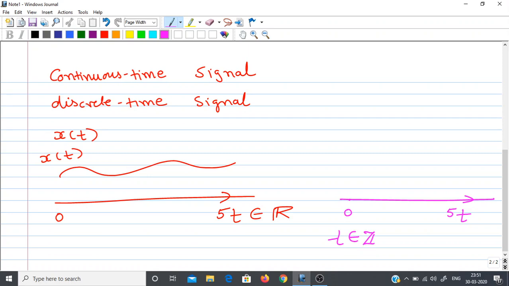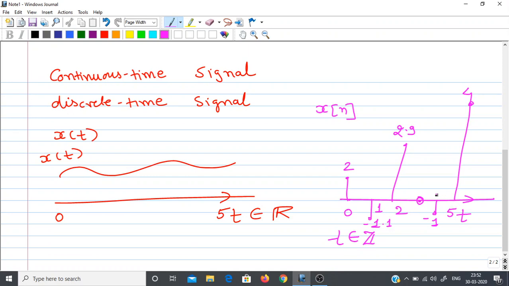So let's say I define my signal as 2 at 0, minus 1.1 at 1, 2.9 at 2, 0 at 3, minus 1 at 4, and 4 at 5. So this is a signal, and you can see it is a sequence of numbers. Here time t is discretized, and x is defined only at a finite number of time instances.